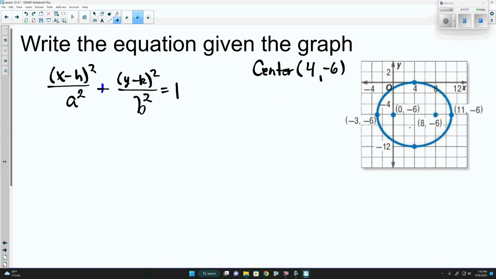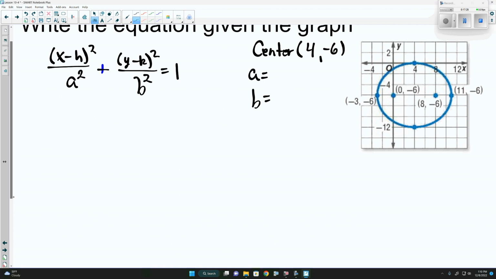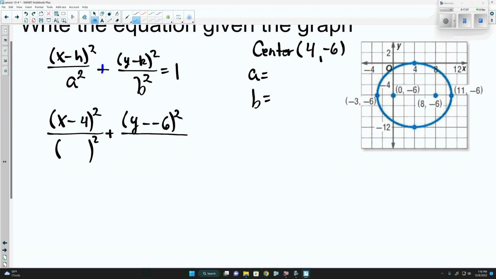Now we do need to find a and b. Because we found h and k, we could, if we wanted to, plug those in already, because it'd be (x minus 4) squared over a squared plus (y minus -6) squared over b squared.